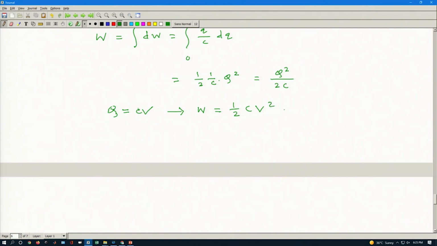That is the amount of energy, eventually the energy stored in the capacitor.